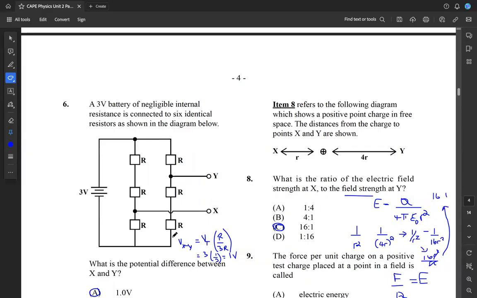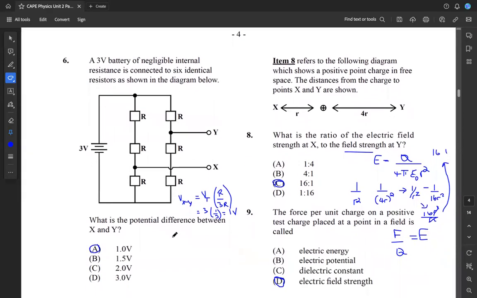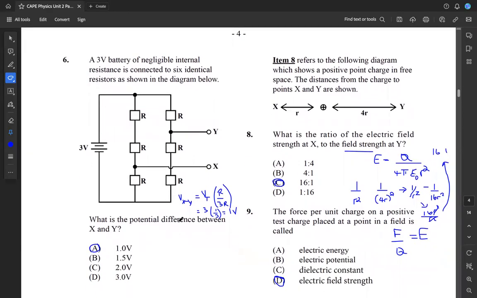They're all identical. The question is asking, what is the potential difference between X and Y? So I'm trying to find the voltage across this here, let's call it VXY.